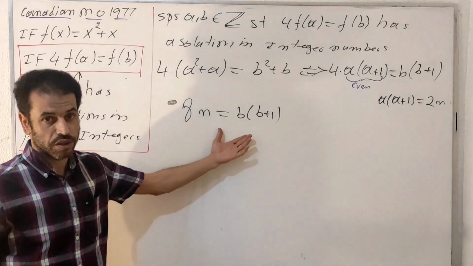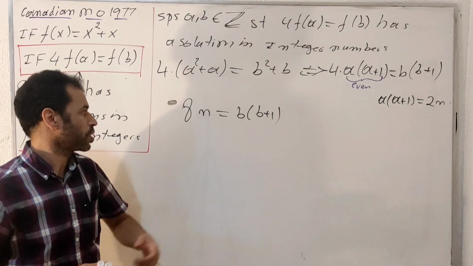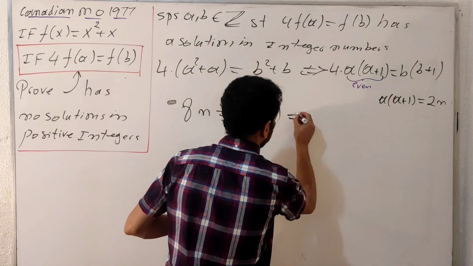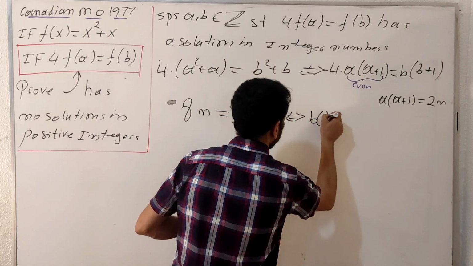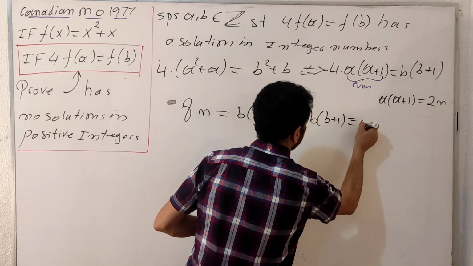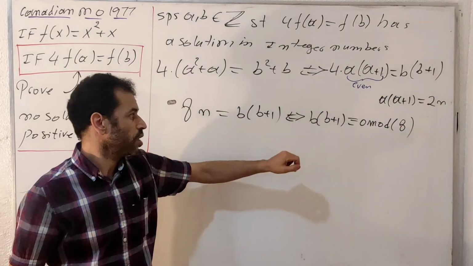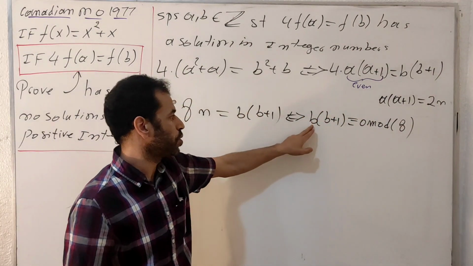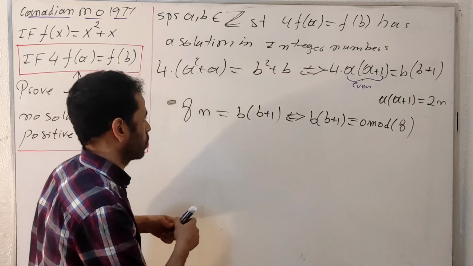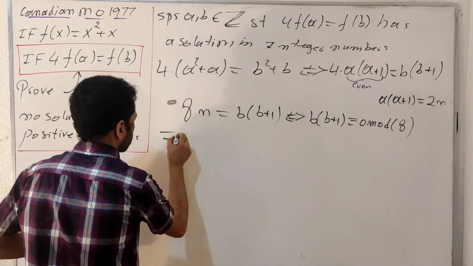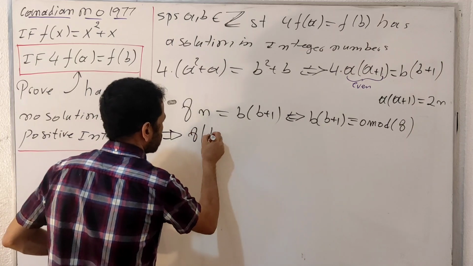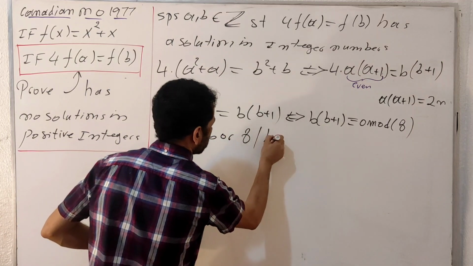By using the congruence definition, I'm going to reduce this mod 8. So b times (b plus 1) is congruent to 0 mod 8. It's telling us that 8 divides b or 8 divides b plus 1.